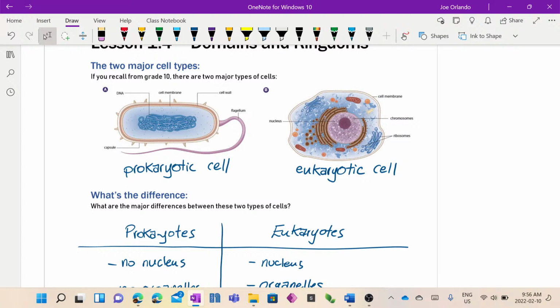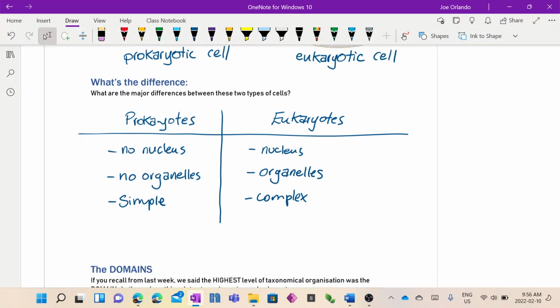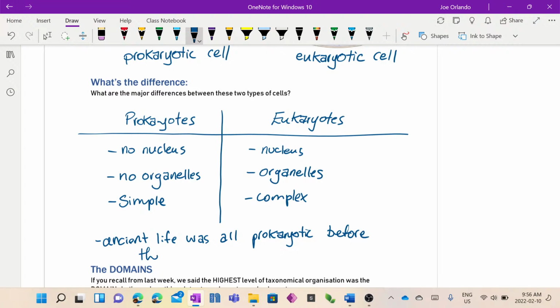They're the most like those sort of ancient simple cells. Does that make sense? So, ancient life was all prokaryotic. Before the development of the nucleus.